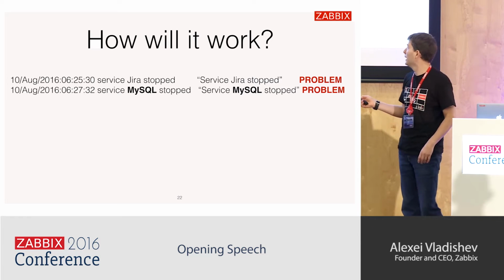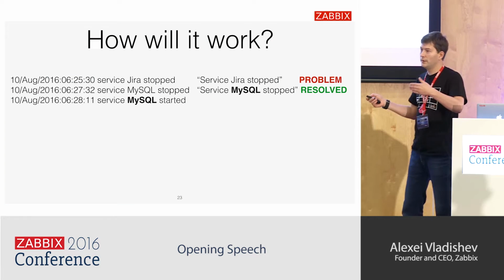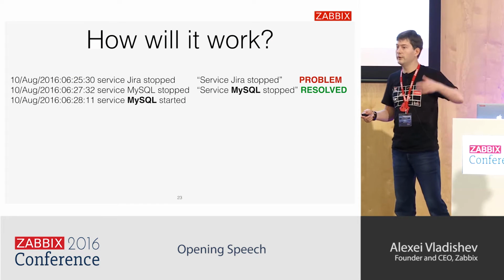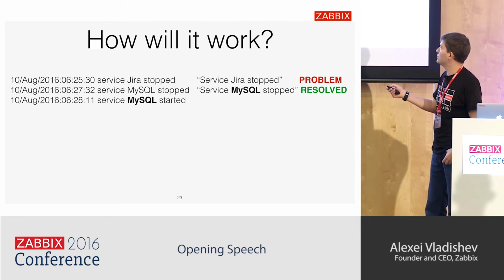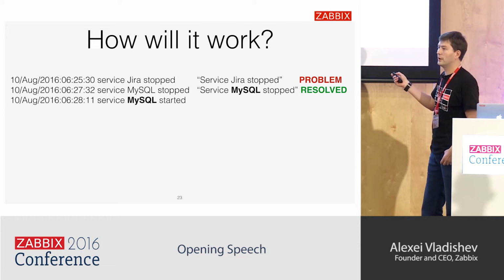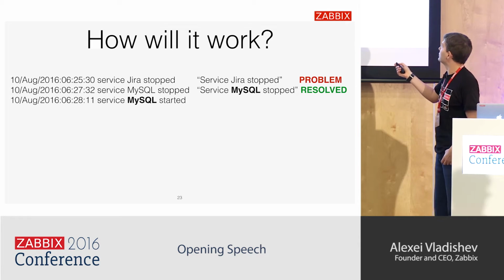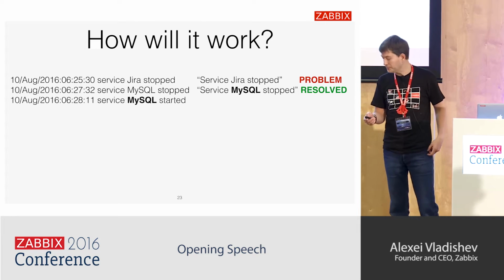And then service MySQL started, it means there will be a recovery event, and you see there will be a match of the service tag. MySQL will match this MySQL, so this problem will be resolved automatically, and note that service Jira stopped is still in a problem state, so we have one active problem.